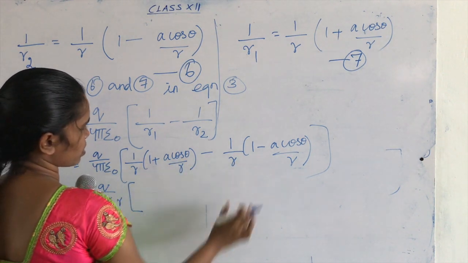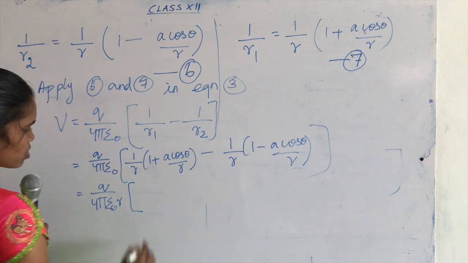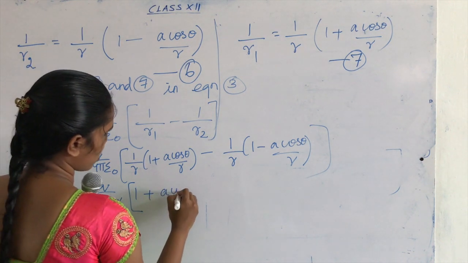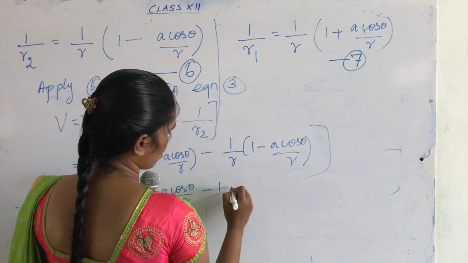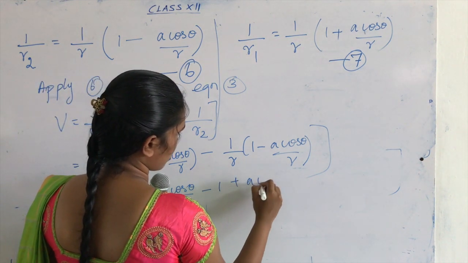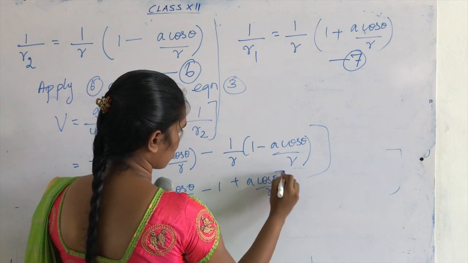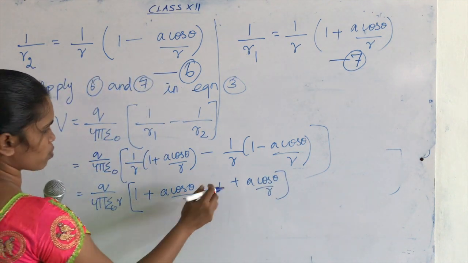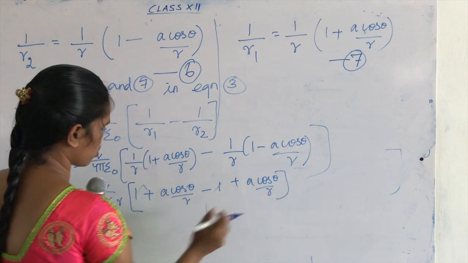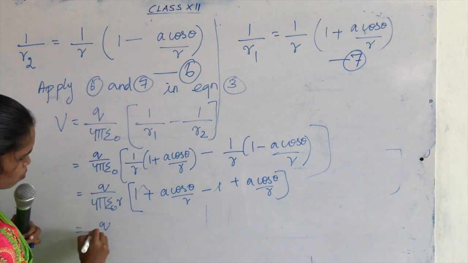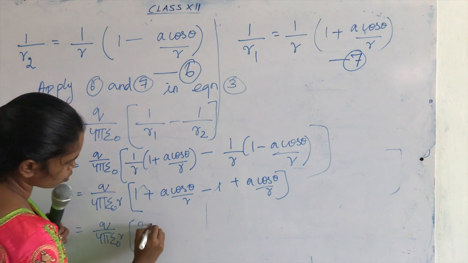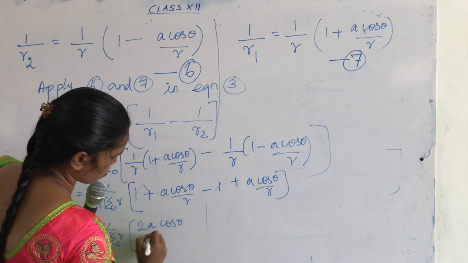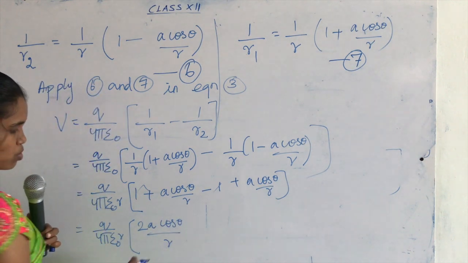Now this one and this one is inside: 1 plus a cos theta by r minus 1 plus a cos theta by r. 1 minus 1 gets cancelled. This 2 will be remaining. Q by 4 pi epsilon 0 r, here 2a cos theta by r.